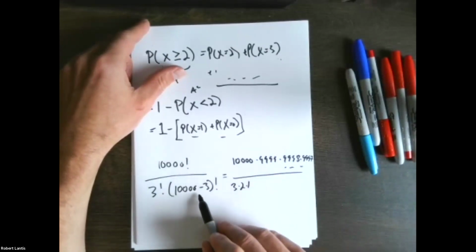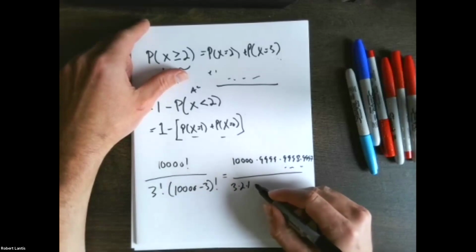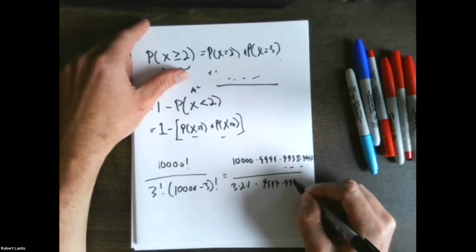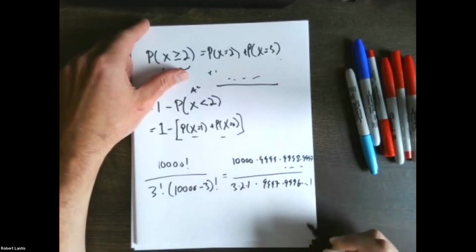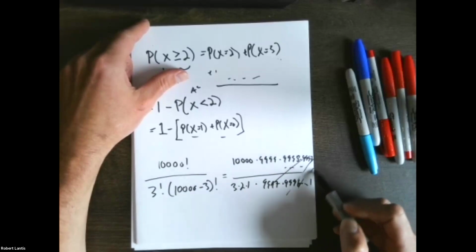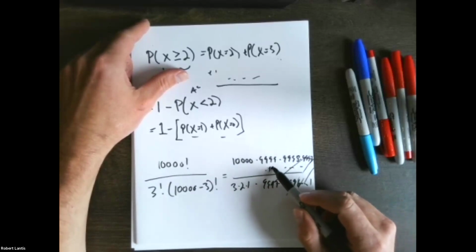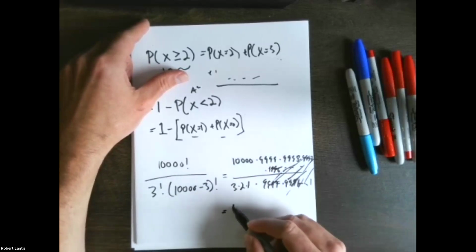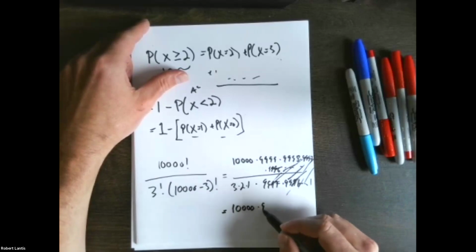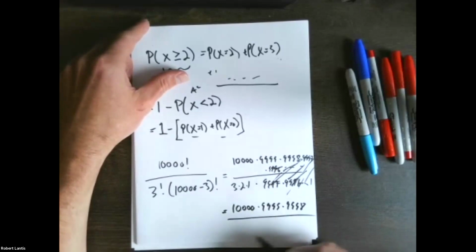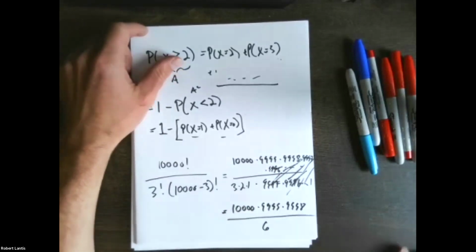And then the other factorial is 9,997 times 9,996 all the way down to 1. Notice that everything from 9,997 down cancels. So I'm really just left with 10,000 times 9,999 times 9,998, divided by 3 factorial, which is 6. I can do this with my calculator.